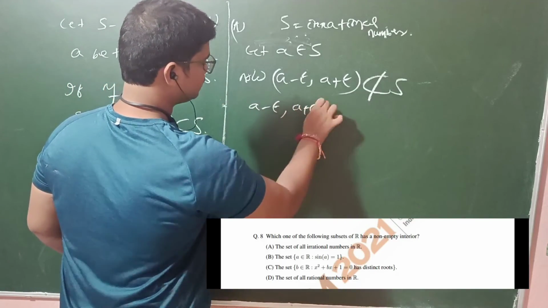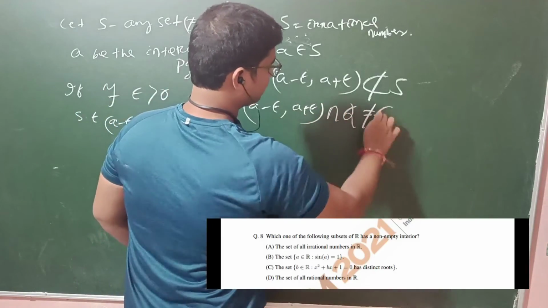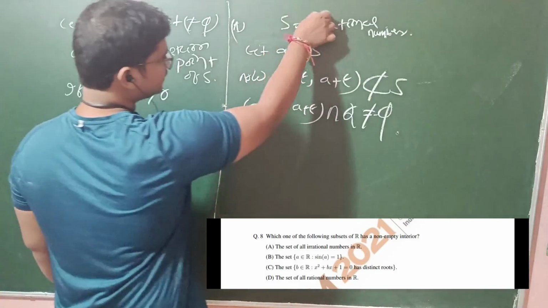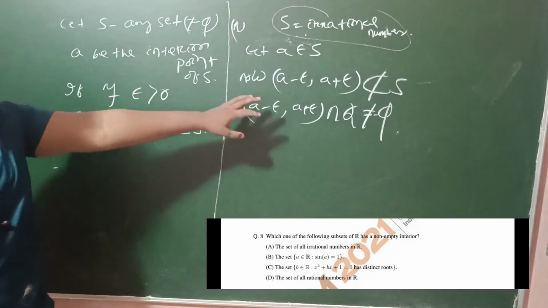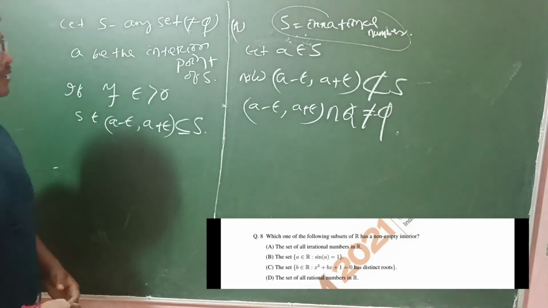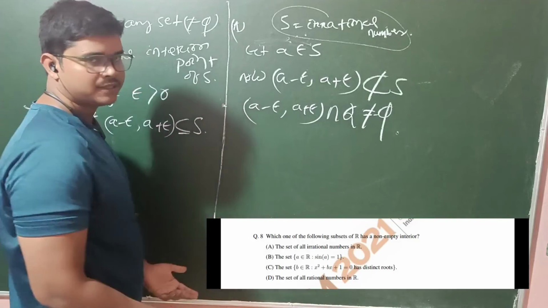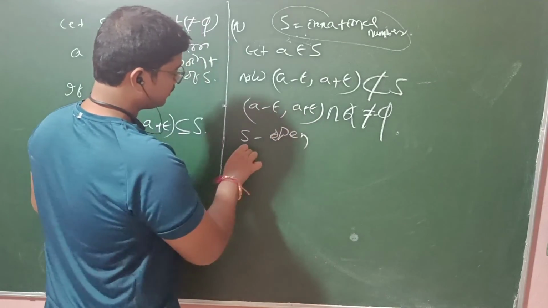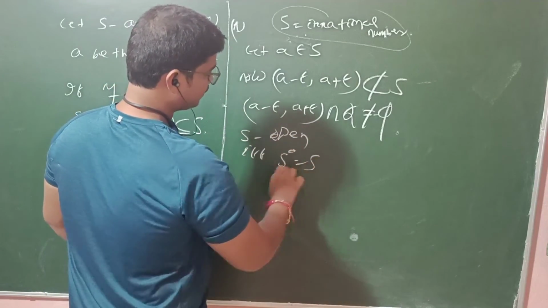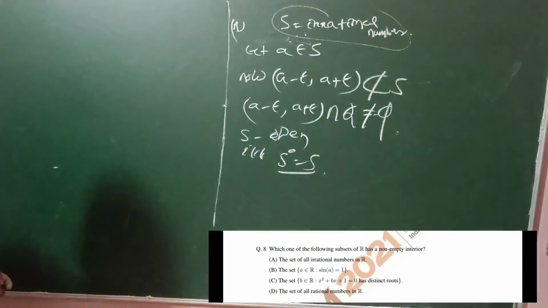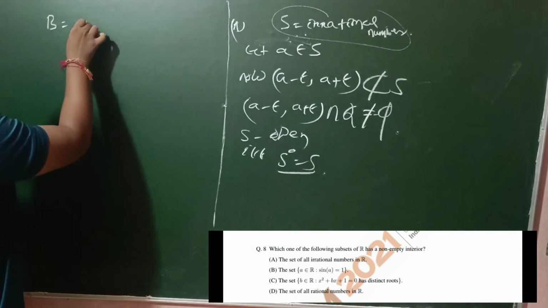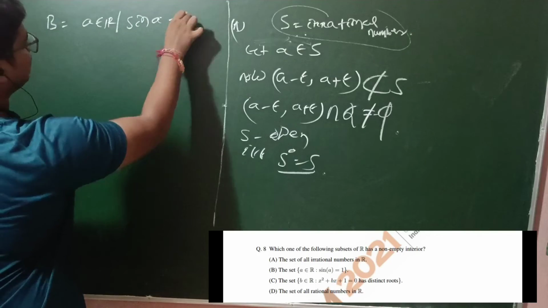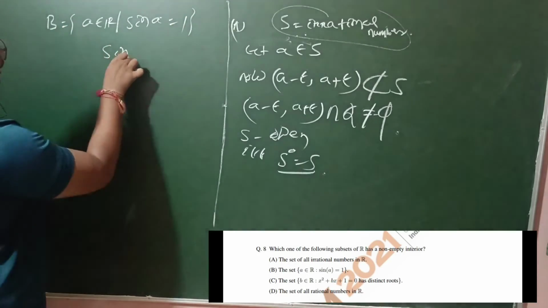(A minus epsilon, A plus epsilon) intersection Q is not equal to empty. So this is not an interior point. Thus this set has no interior point. A non-empty interior means an open set: S is open if and only if the interior of S equals S. Option B is the given set of A belongs to R such that sin A equal to 1.